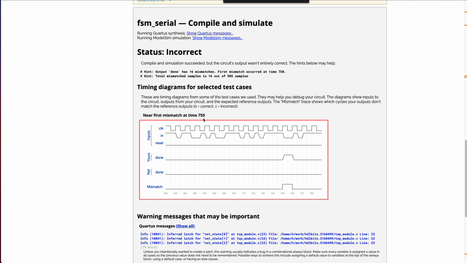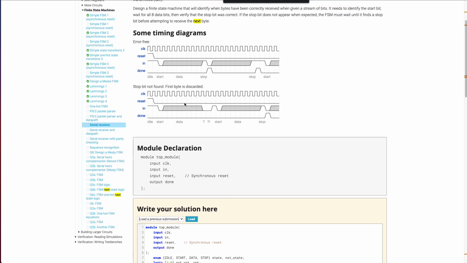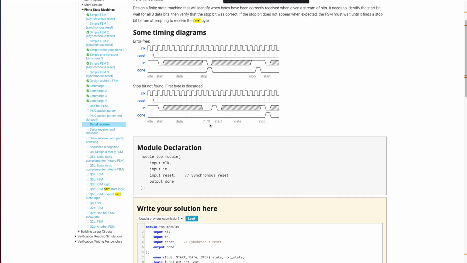Okay. 7, 6, 5, 4, 3, 2, 1, 0. So 1 and then 0 and then 8 cycles and then 1.